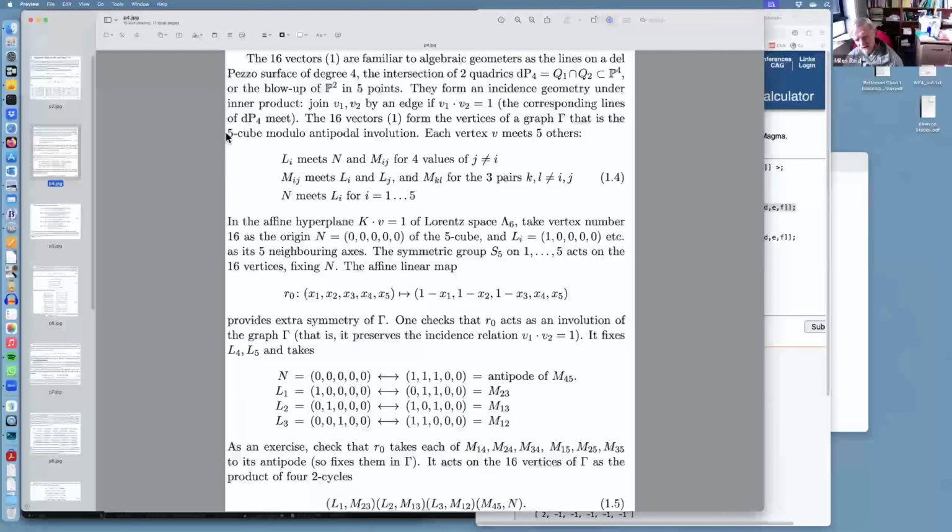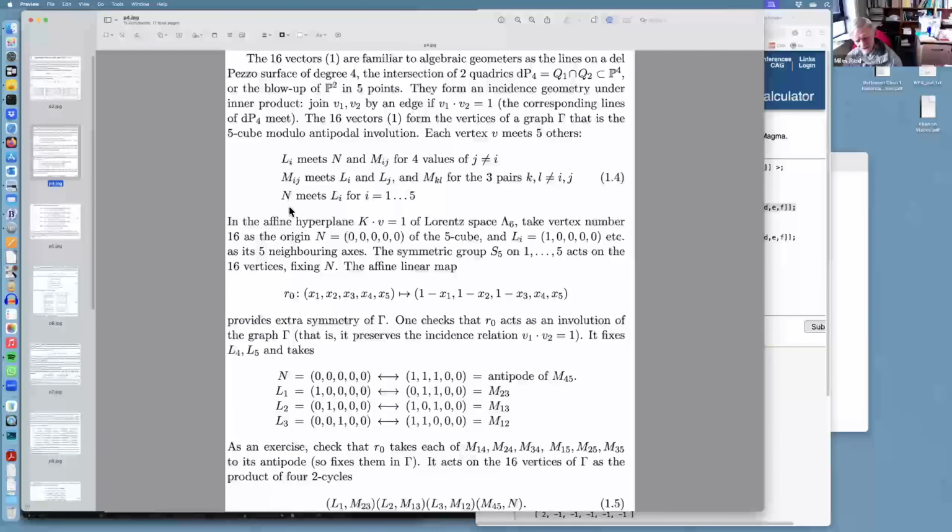The graph is a 5-cube modulo antipodes. It's a 5-cube, so if you've got one vertex of it, it meets 5 neighbors.